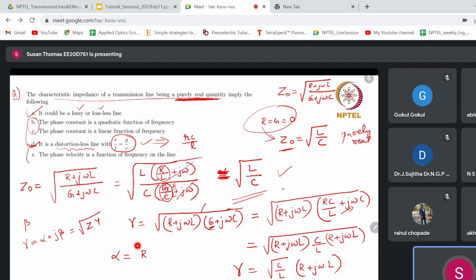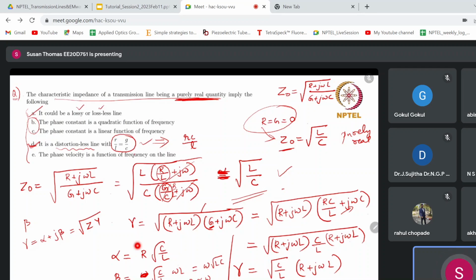The real part is R into root of C by L. The imaginary part will be beta. So beta will be root of C by L into omega L, or I can write it as omega root LC.